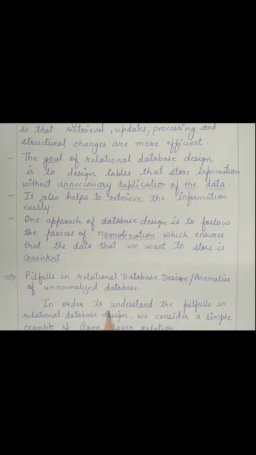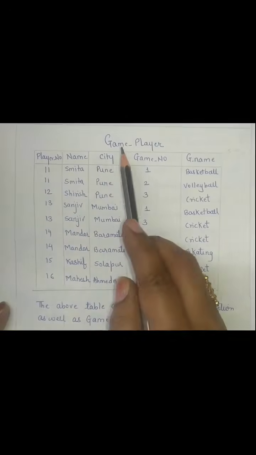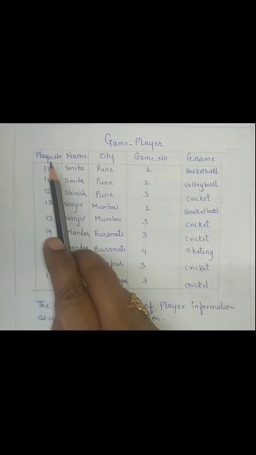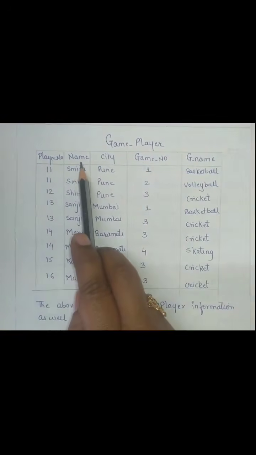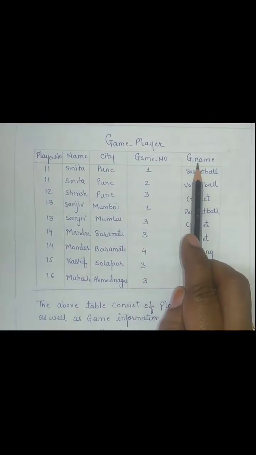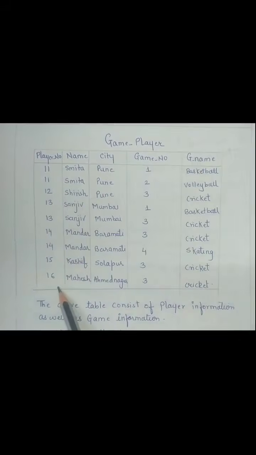In order to understand the pitfalls in relational database design, we are going to take a simple example of a game player relation. Okay. So guys, you can see this is the game player relation with attributes like player number, name, city, game number and game name. Okay. You can see these are the records in this particular relation, right?